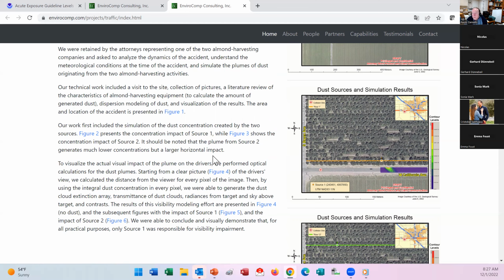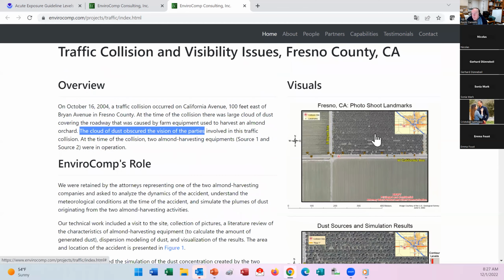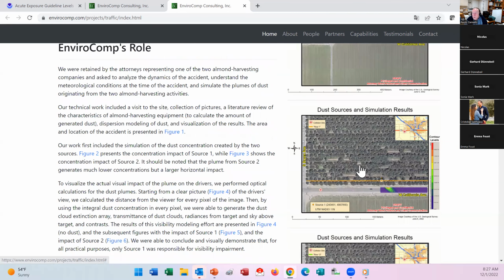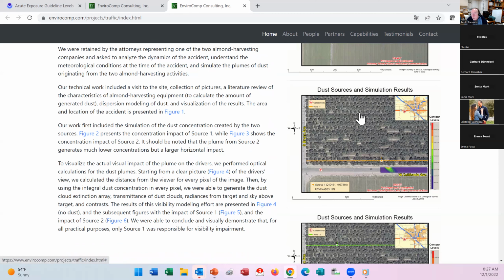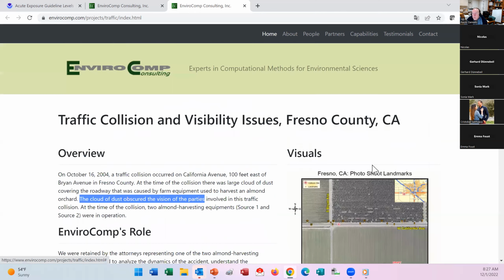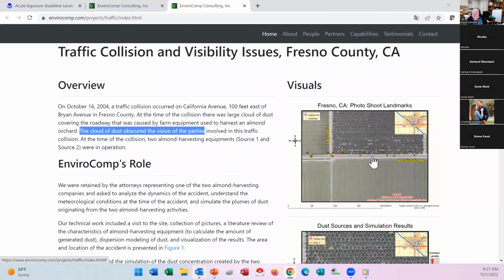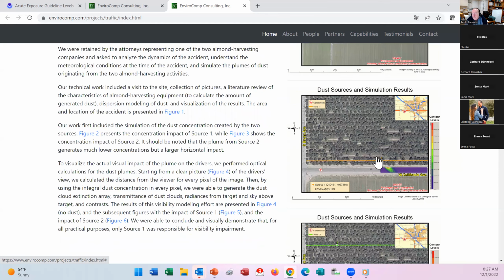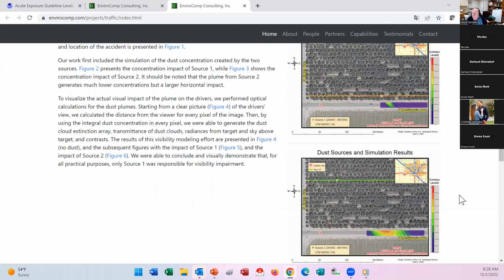So I did all the work that we described before: emissions, calculations, meteorology, where the wind is blowing from. The wind was coming typically from the northwest. So yes, the wind was taking the dust from the agricultural field toward the road. I calculated the concentration of the dust from the two operations.